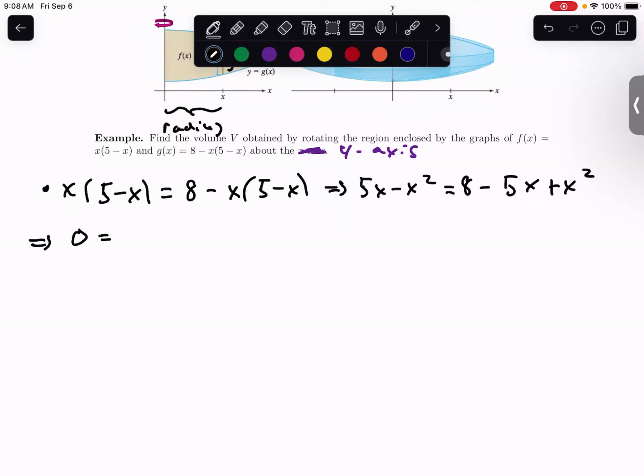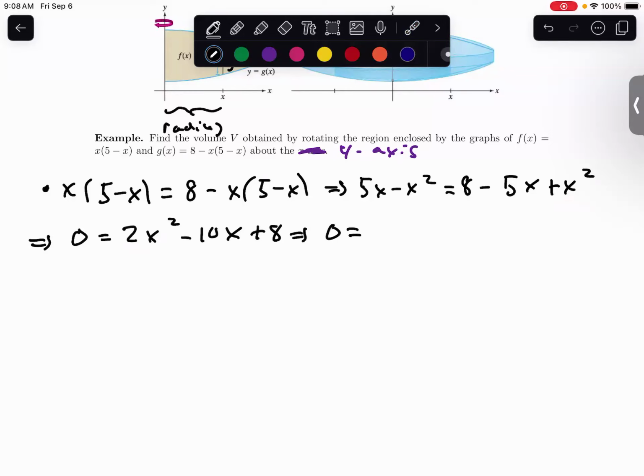So this is going to be 0 equals 8 minus, actually, I like doing things in terms of the highest power. So this is really equal to 2x squared minus 10x plus 8. You can divide both sides by 2 because you don't really want the 2 in front of the x squared.